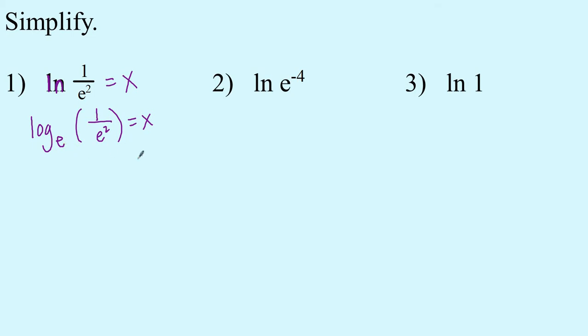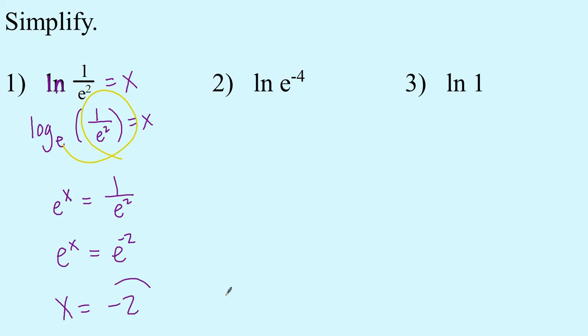Then I do my loop-de-loop, okay, and we get e to the x equals 1 over e squared. Well, that's simple. E to the x is equal to e to the negative 2, right? Negative exponents move it to the bottom. So x equals negative 2.